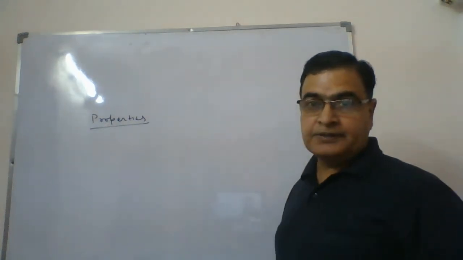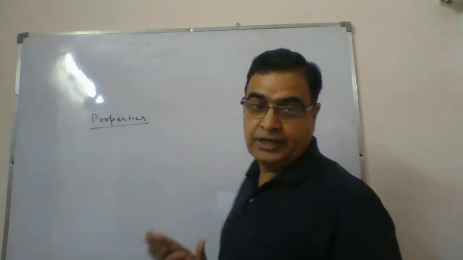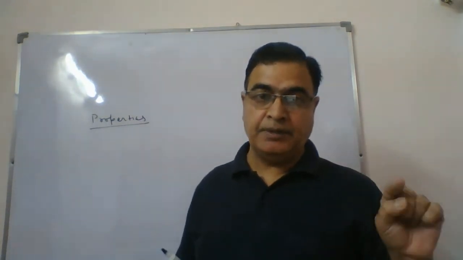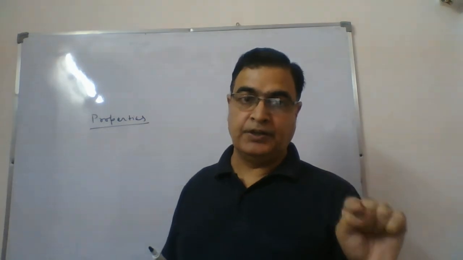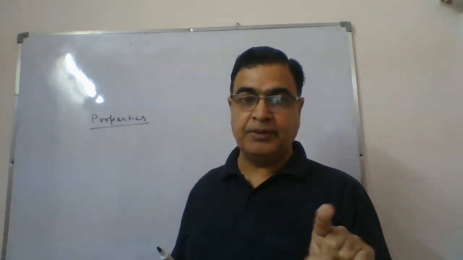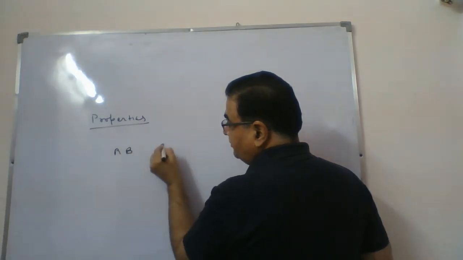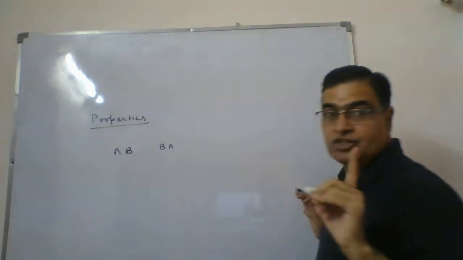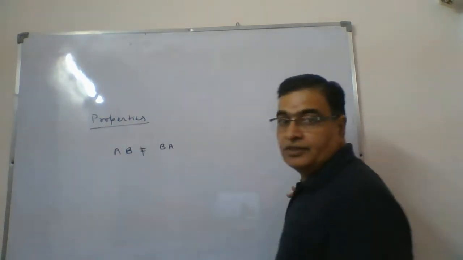In properties, the first property which we have already done is that matrix multiplication is not commutative in general. AB and BA, in general, are not equal.